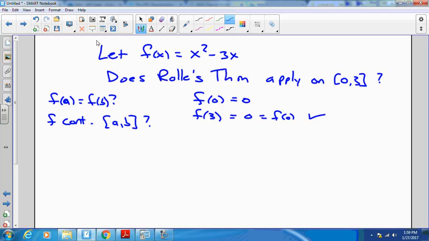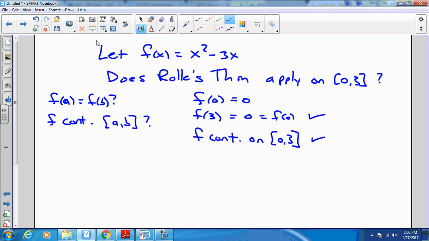Second condition, is f continuous on the closed interval 0 to 3? I'm getting a big head nod. Tell me why. How do you know? Okay, but that's only 0.